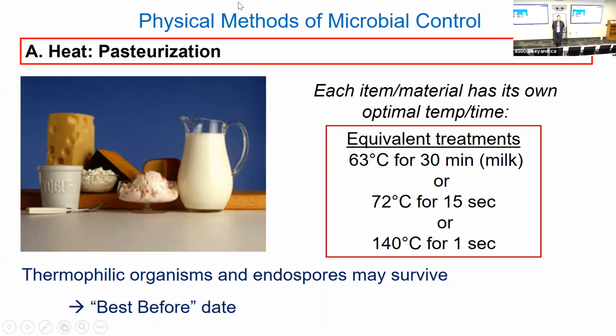It's kind of their best guess as to when those thermophilic organisms or those endospores might start growing. And I used to have a friend in high school whose parents owned a corner store. It was kind of interesting because they only bought the corner store when she was like 16 or something. She was telling us that once the food hits the best before date, they can't sell it anymore. And she knew in her head which foods were good after the best before date and which ones weren't.